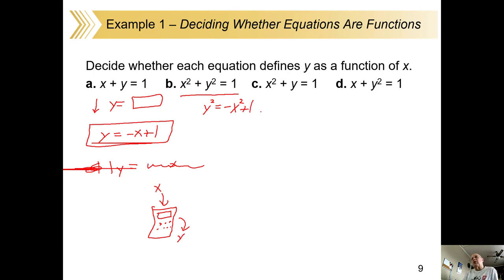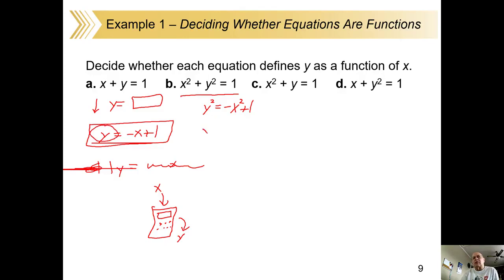So far, so good. You might jump to the conclusion, hey, that's a function. Not quite so fast. You do have a 1 in front of the y squared, but you don't have a y. You have a y squared. We want a y out here, not a y squared. So we'll have to take the square root of both sides. That doesn't sound too bad.